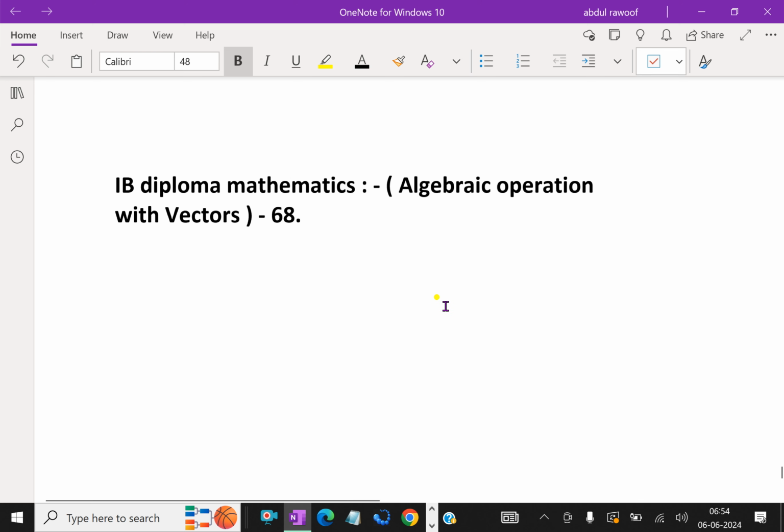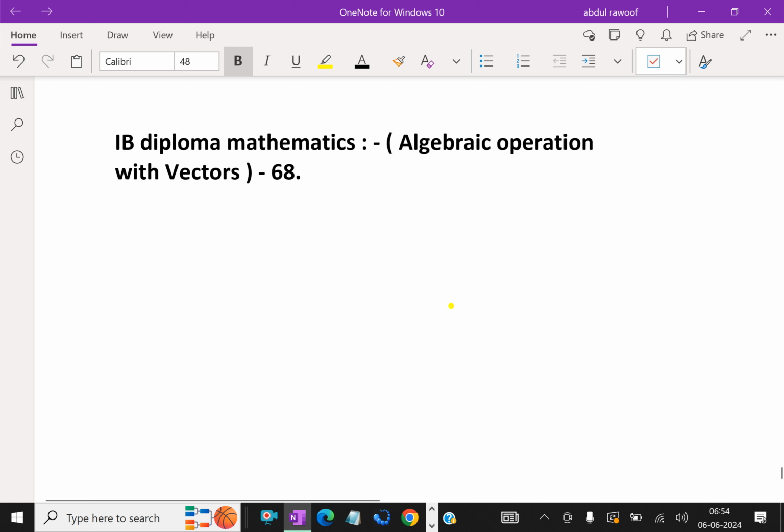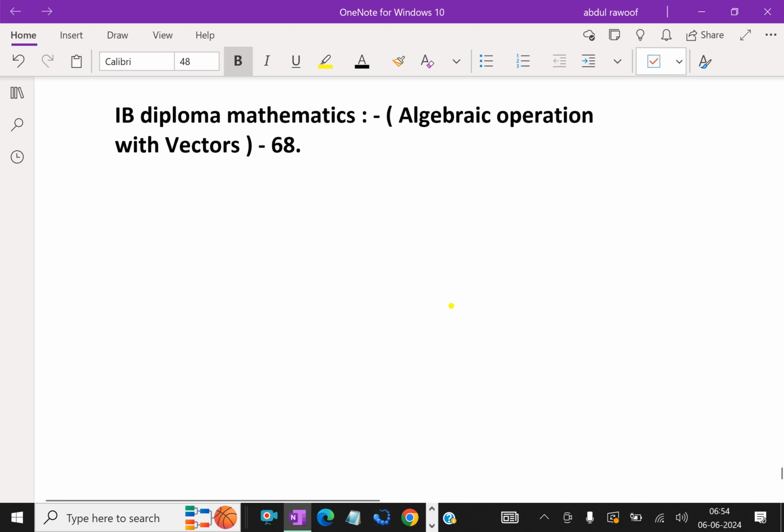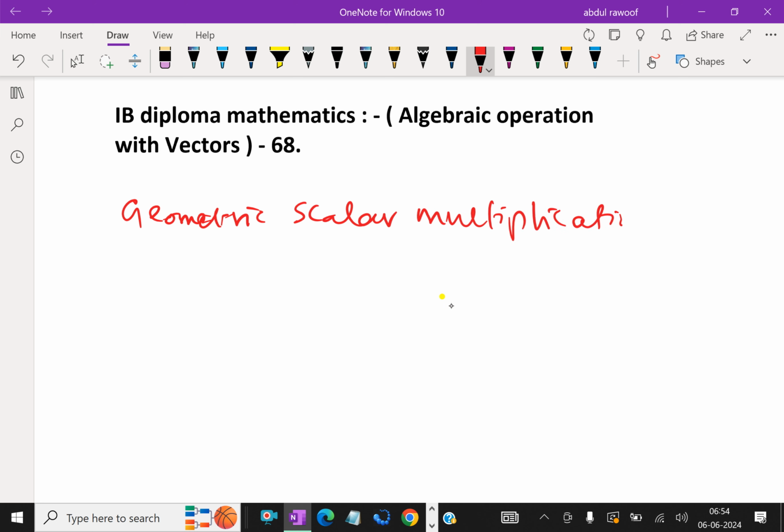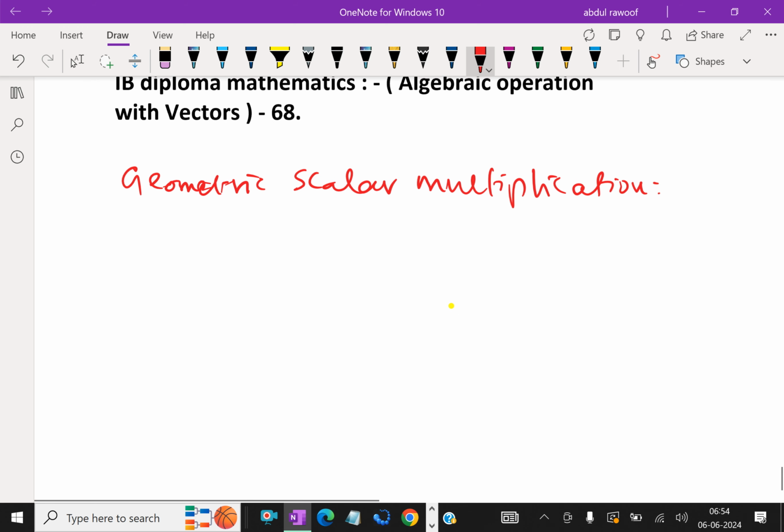Look at here. First, we'll do geometric scalar multiplication, which means a vector is given.